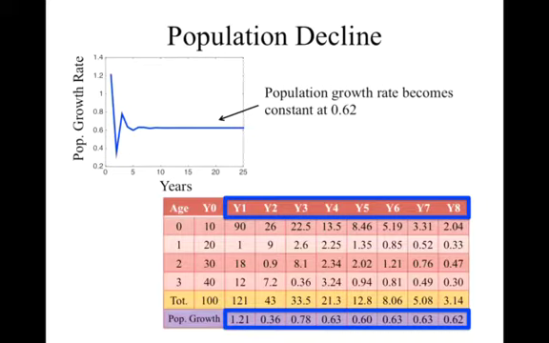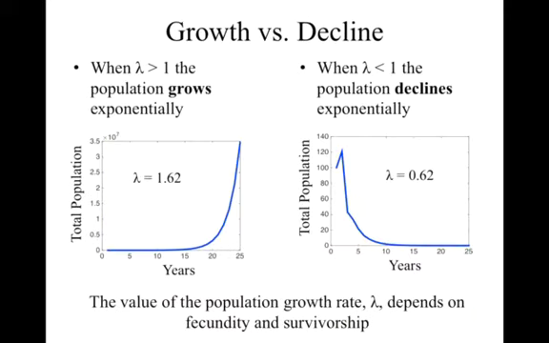When the population was growing, the population growth rate was 1.62. Now that the population is declining, the population growth rate is much smaller, it's 0.62. You might wonder, where's the threshold between growing and declining? It just so happens that that threshold is 1. When the population growth rate is above 1, the population grows exponentially.